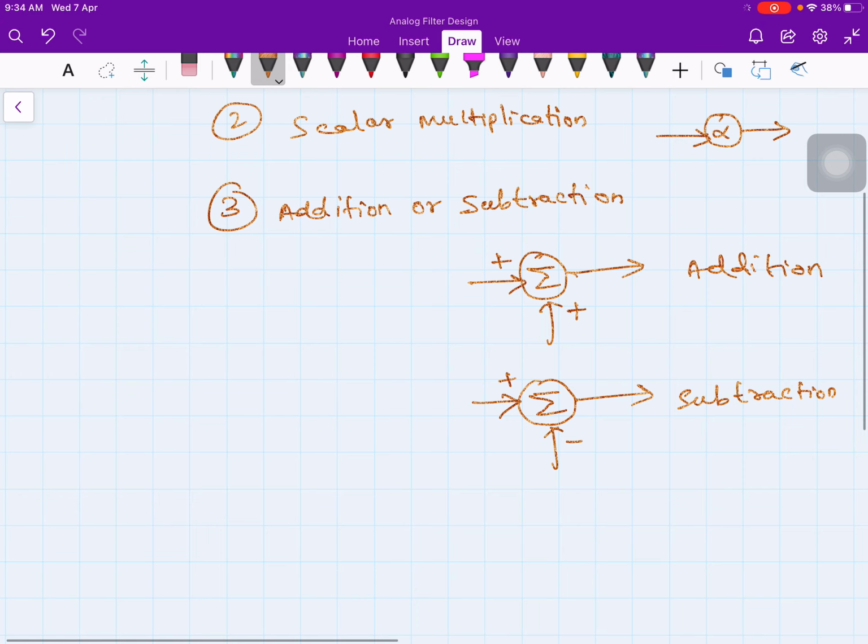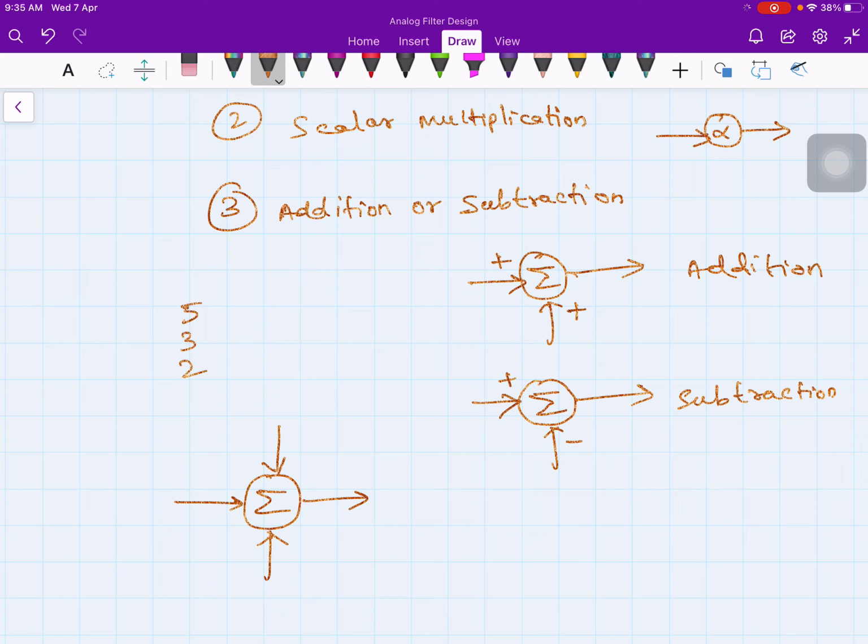And in order to respect the actual hardware process of addition or subtraction, we don't use more than two signals at any adder. For example, you cannot put like this three signals in an adder, because if you take an actual hardware, it can't add more than two numbers at a time. In case if you want to add 5 plus 3 plus 2, the hardware first adds these two values and stores the result, and then again adds 2 and then finally gives you 10.